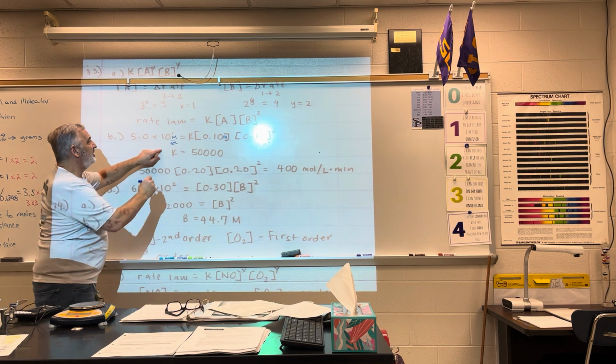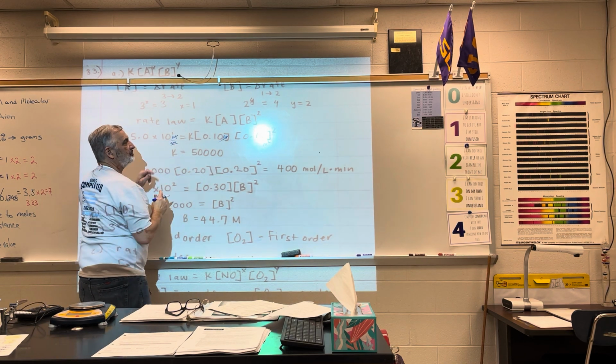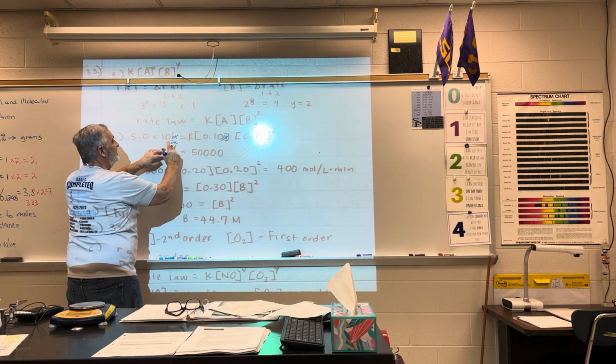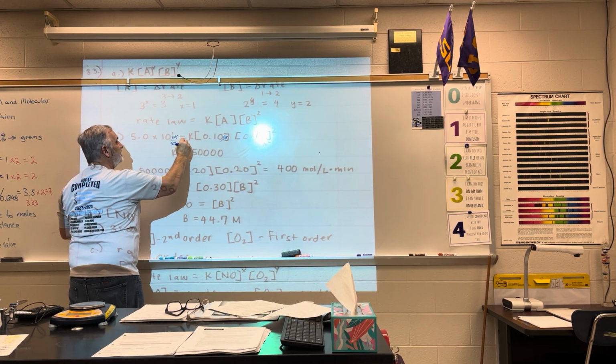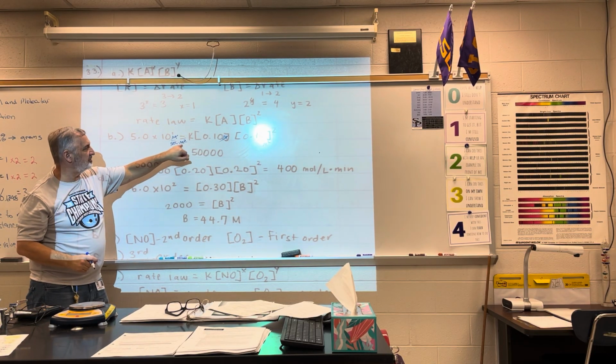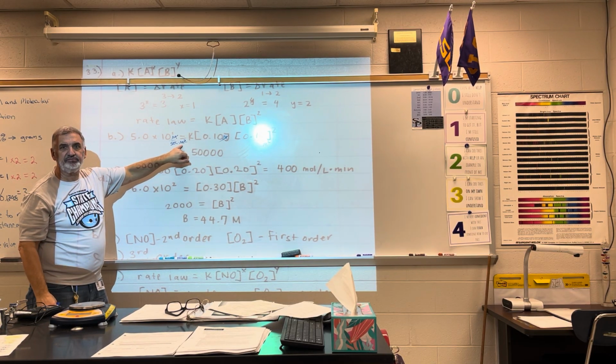Okay, so one of these molarities cancels out, which means that when this comes over here, we're going to have seconds times molarity. I said meters, molarity. One of the molarities is going to cancel out, so we're going to have molarity squared on the bottom.